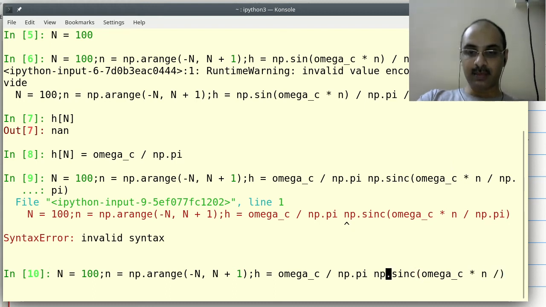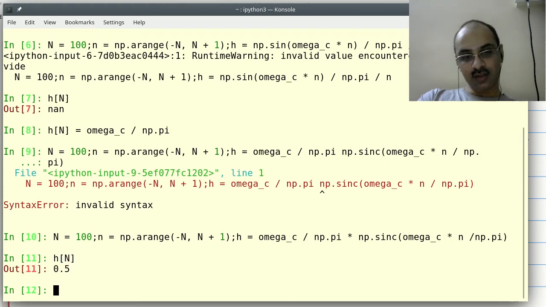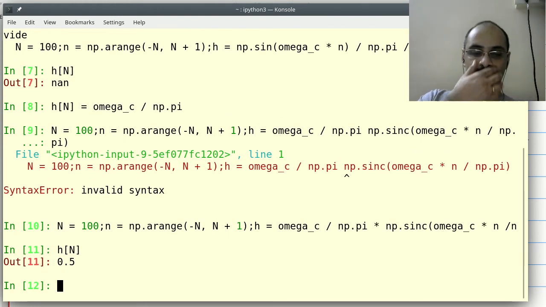Of course, there should be a multiplication sign over here. If you check the value over here, it will be omega c upon pi. This is also going to give you the same value. Either of the approaches is suitable. So now let us do the freqz of this and see what we get.